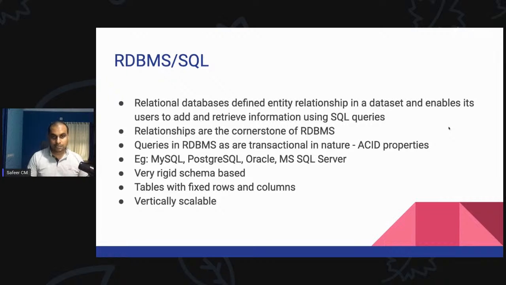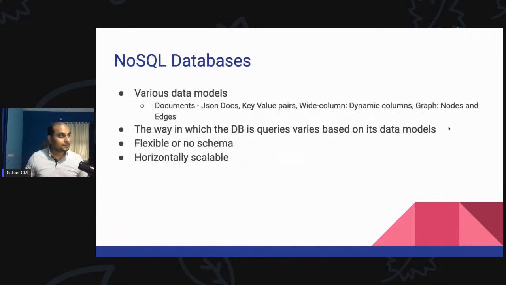You define them, and the relationships are very well enforced. Typically the way the content works in RDBMS is tables with fixed rows and columns. Vertically scalable is a term that we will see in another slide, but that is one way of improving the performance or scaling the capacity of RDBMS.